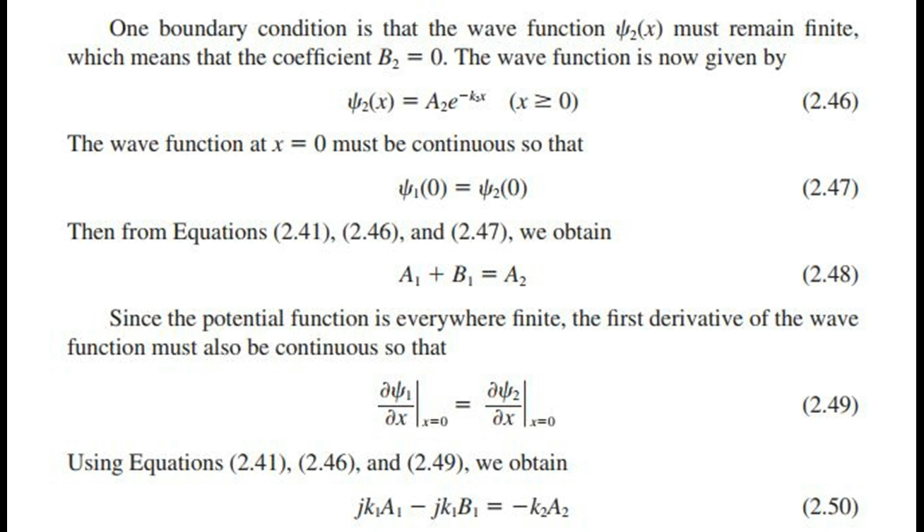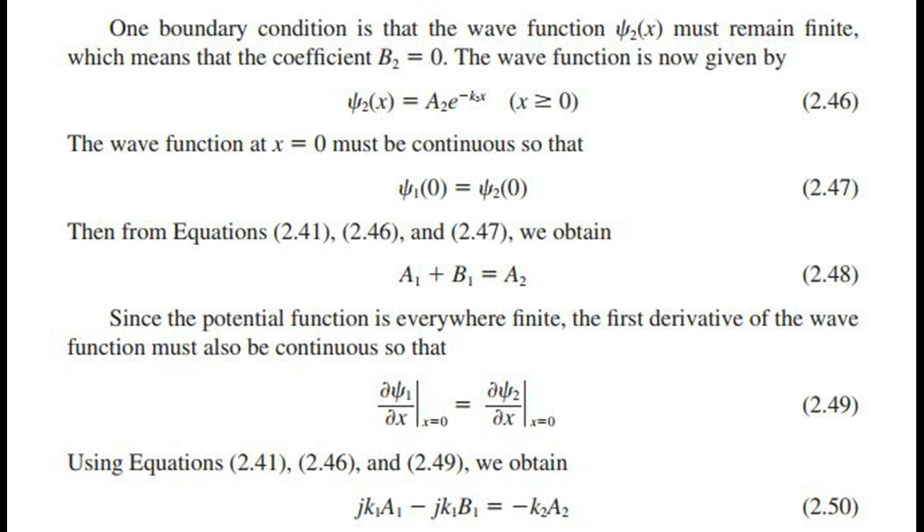The wave function at x = 0 must be continuous so that. Then from equations 2.41, 2.46, and 2.47, we obtain. Since the potential function is everywhere finite, the first derivative of the wave function must also be continuous so that.